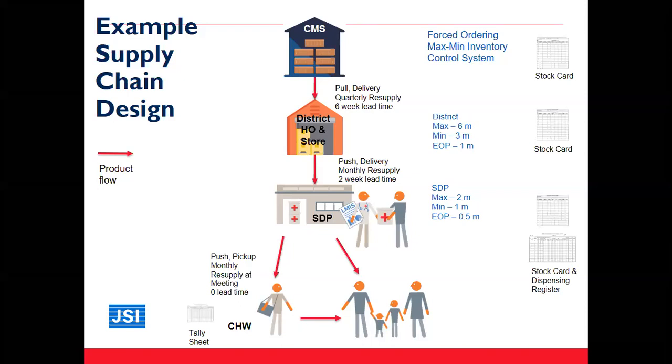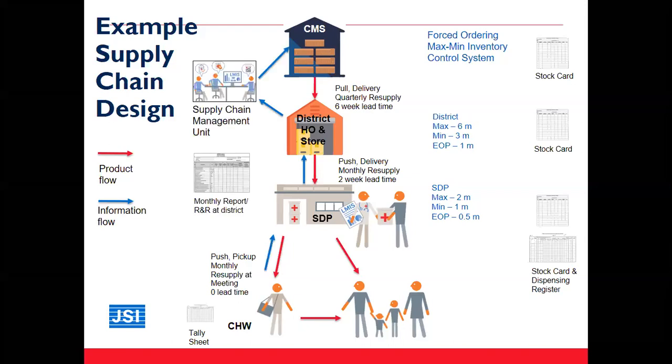Stock cards and dispensing registers are agreed to for records, along with a standard monthly report form for use by SDPs and a requisition and report form for use by the district.